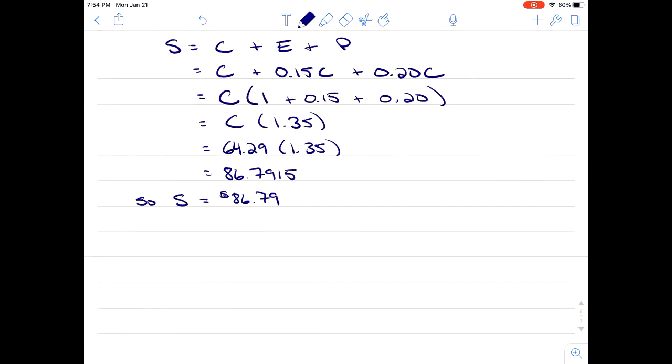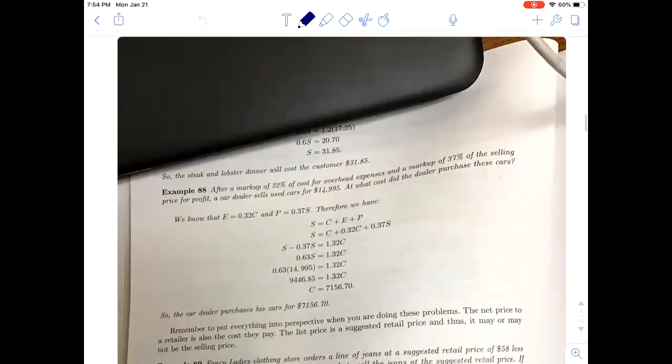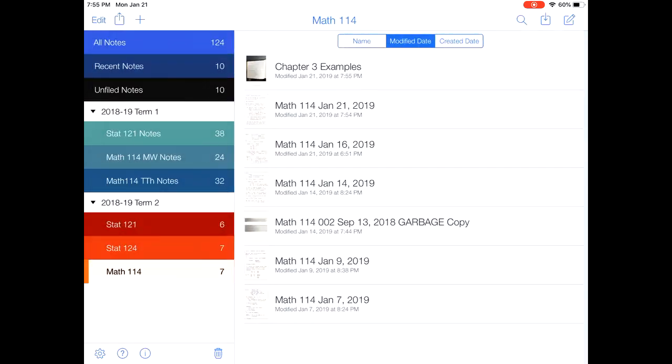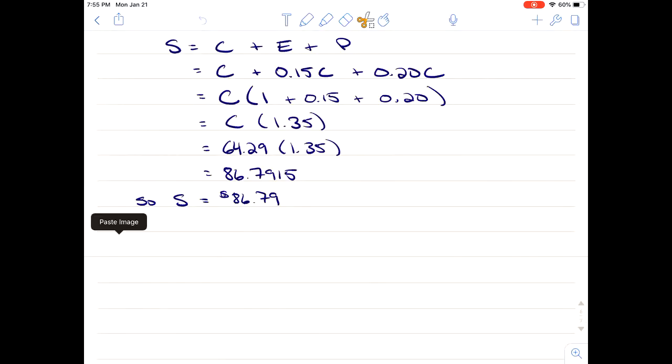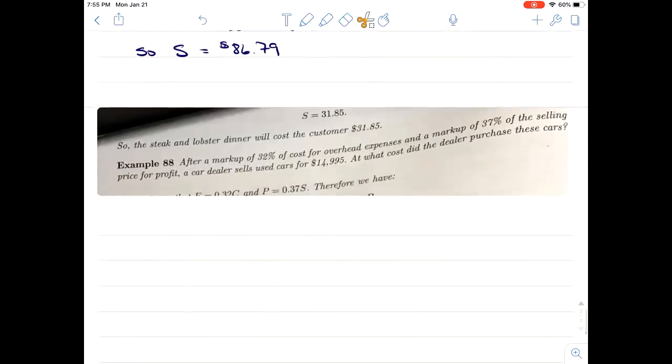Let's do another example, number 88. This one has a real buckle. You can kind of follow along.